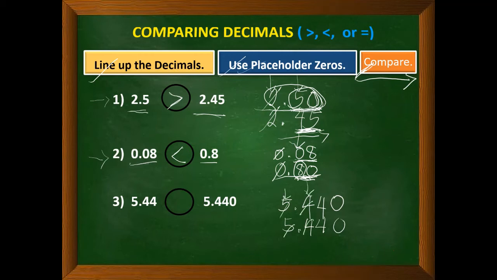The tenths place same, hundredths place same, thousandths place the same, right? So, as you know, they are just equal. So 5 and 44 hundredths is actually equal to 5 and 440 thousandths.